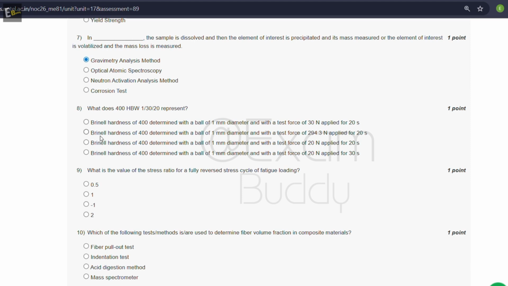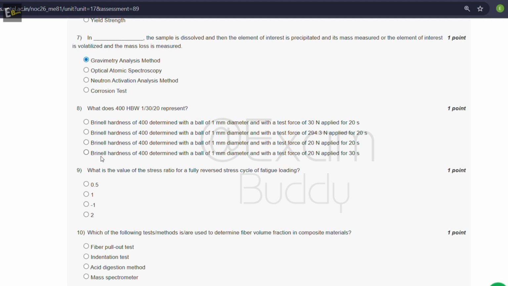Option B, Brinell hardness of 400 determined with a ball of 1 mm diameter and with a test force of 294.3 newton applied for 20 seconds. Option C, Brinell hardness of 400 determined with a ball of 1 mm diameter and with a test force of 20 newton applied for 20 seconds.